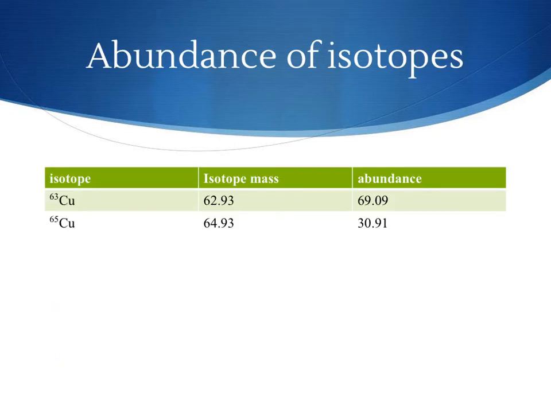Here I have the breakdown of copper. Let's see if we can determine for copper the abundance and the atomic mass for each of the isotopes. Copper 63, the atomic mass is 62.93, and there's 69.09%. Copper 65 has an atomic mass of 64.93, and the abundance is 30.91.